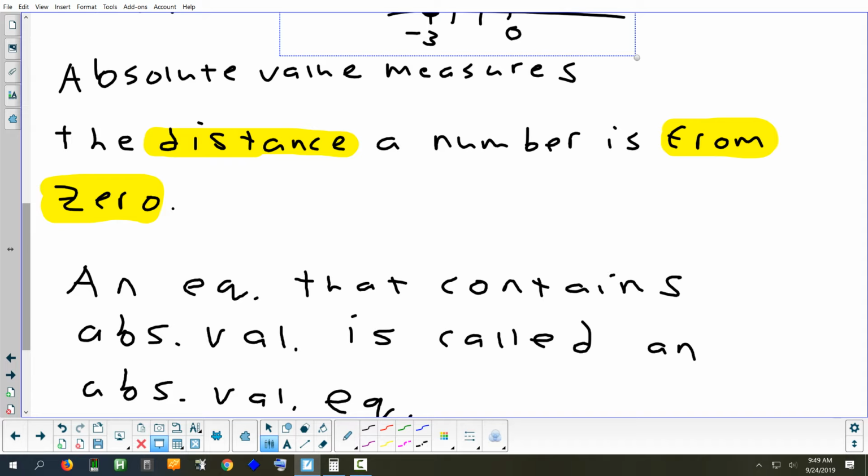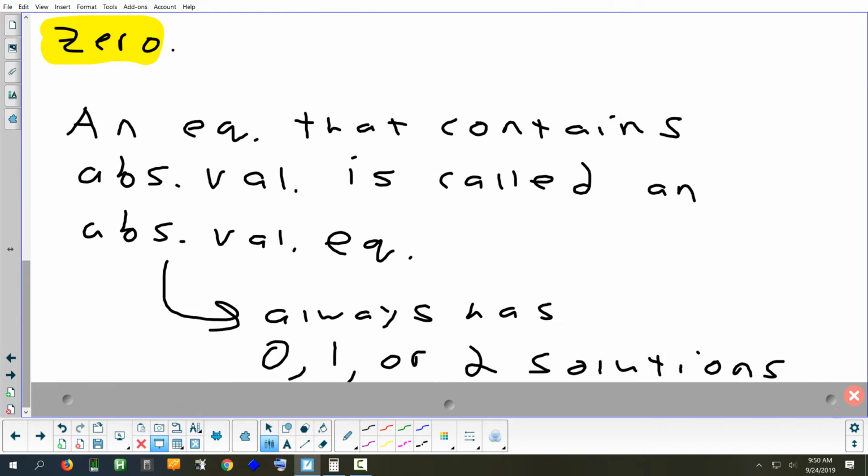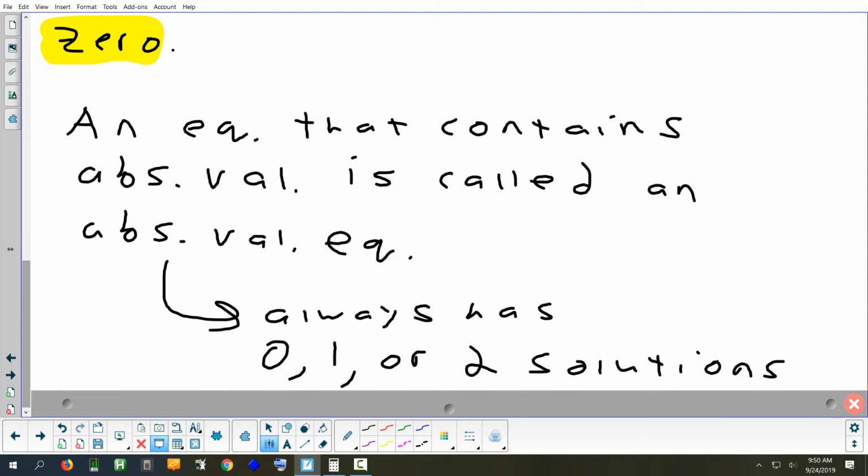So an equation that has absolute value in it is just called an absolute value equation. I'm just writing that part on the board. Then the next part you're going to write down is how to solve an absolute value equation. And I told you that too. Absolute value equations, like 90% of the time, are going to have 2 solutions.